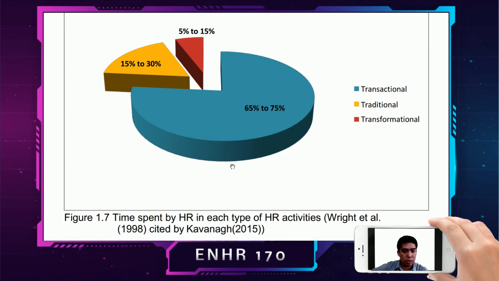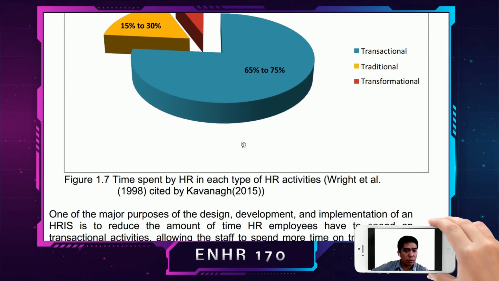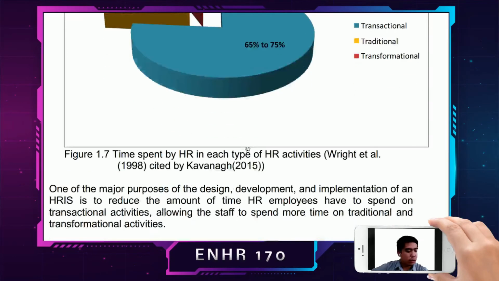And ang goal ng HRIS is to reduce yung time spent in performing yung transactional and to increase yung activities nila sa traditional and especially sa transformational. Okay? So, yan ang isa sa mga gustong i-enhance ng organization when we are employing human resource information.